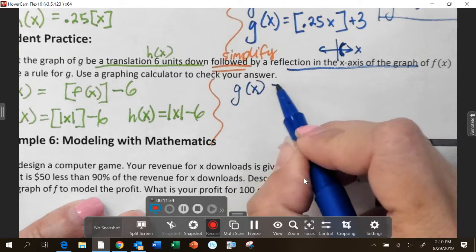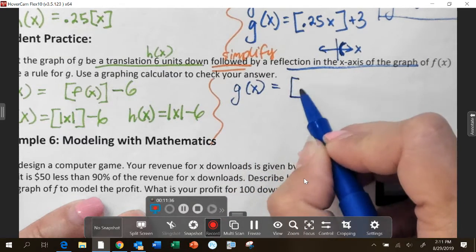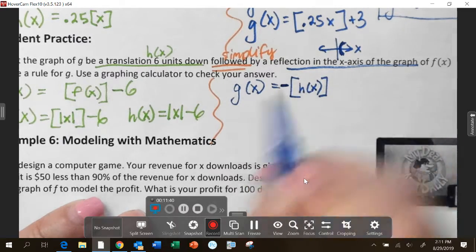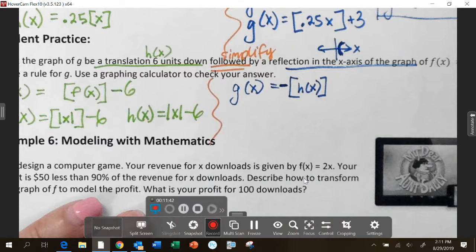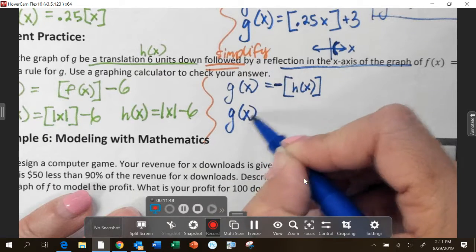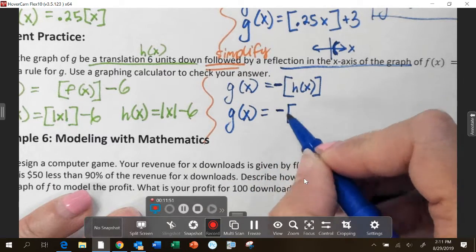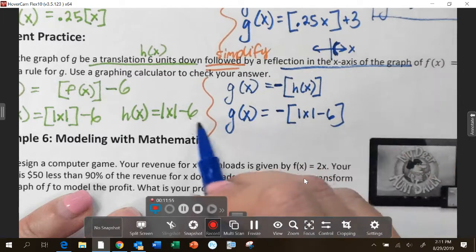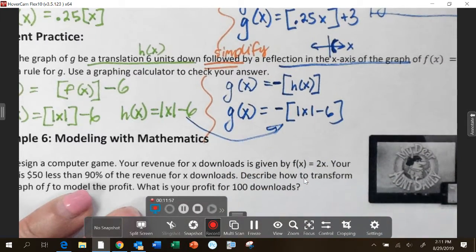So we're going to take our h of x equation, and since it's vertical, the negative will be on the outside of the bracket. So g of x is going to equal negative bracket absolute value of x minus 6. So I just use the previous one to plug in.